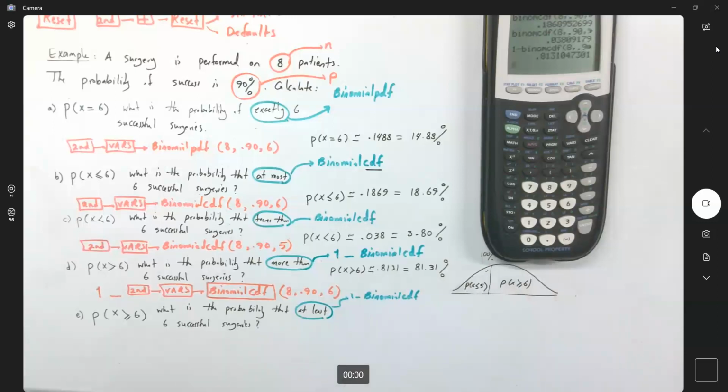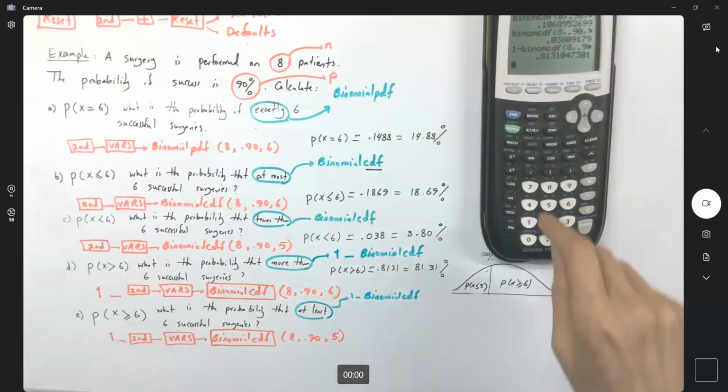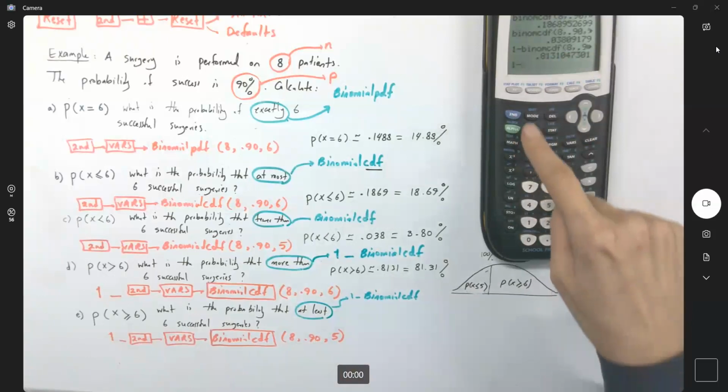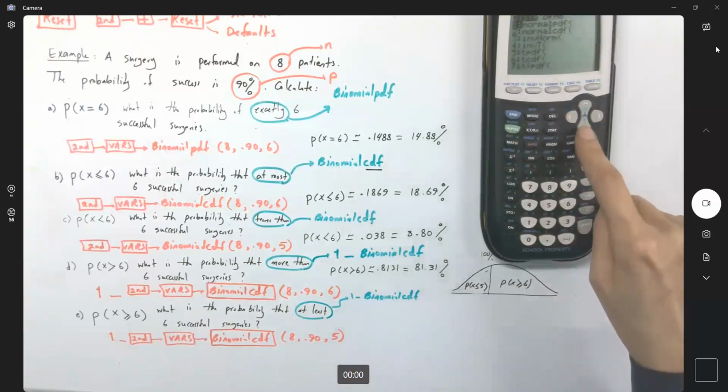This guy is now the probability that x is less than or equal to 5. So the steps that we're going to take is 1 minus second, then vars, binomial CDF, 8, 90%, and here you have a 5. Don't forget 1 minus second vars.